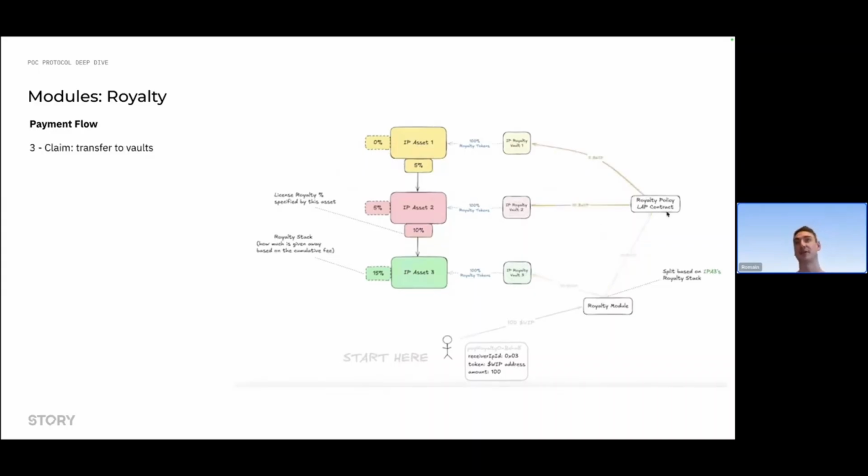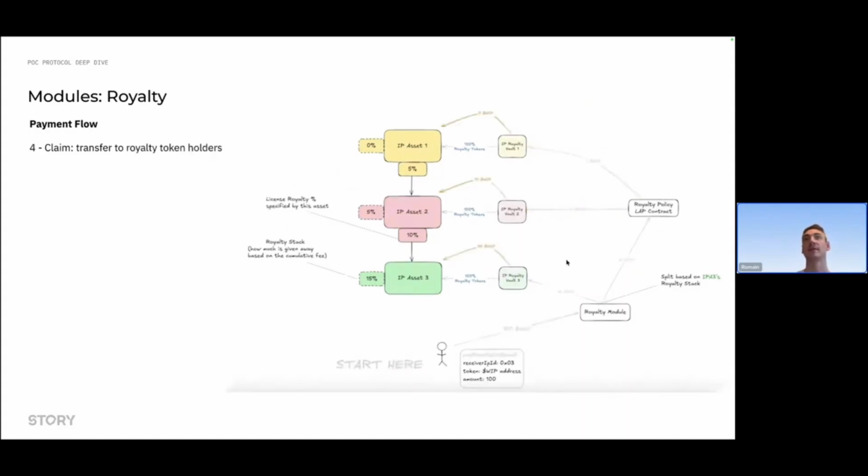And this policy contract will split accordingly, according to the royalty stack, between the vaults of the two parent IPs. And then, because originally the IP itself owns the royalty tokens, the IP itself can claim all the tokens that are sent into the vault. So that's basically how the payment works using the royalty module.